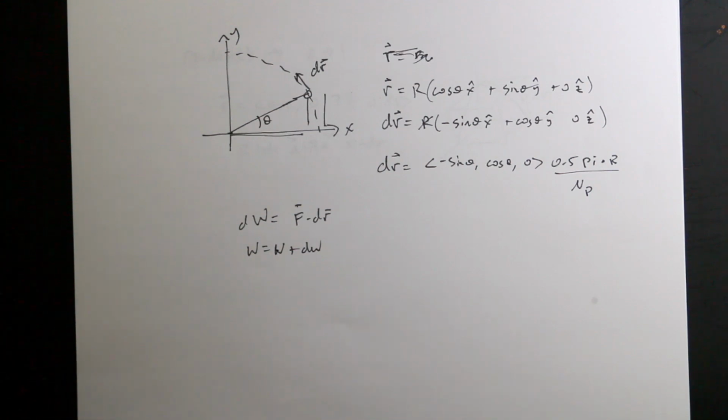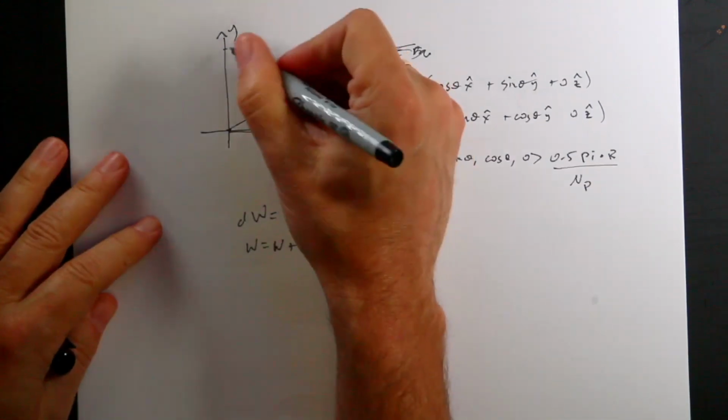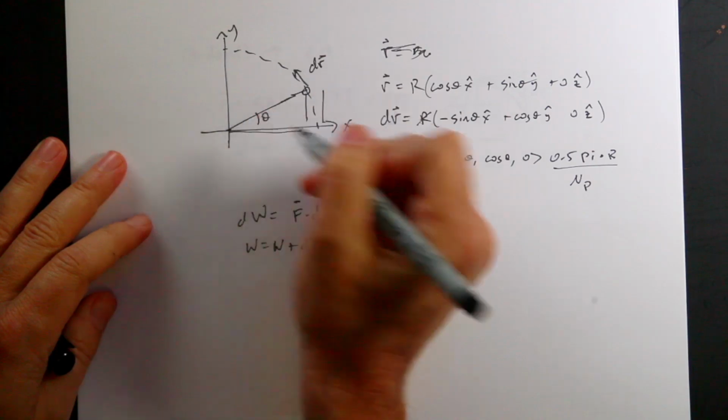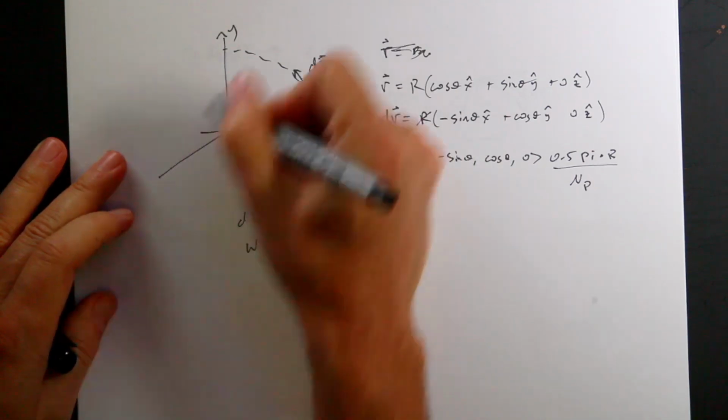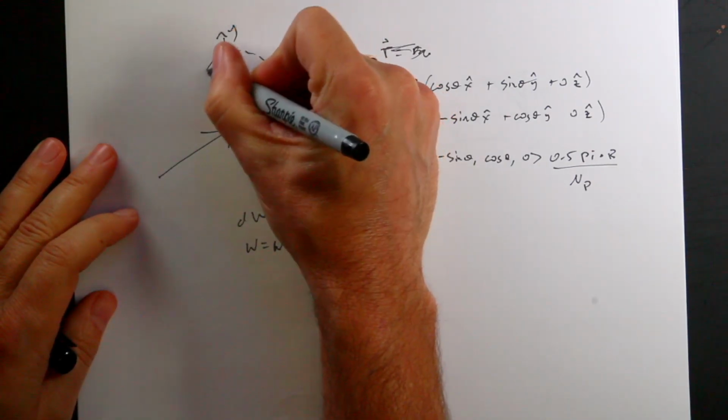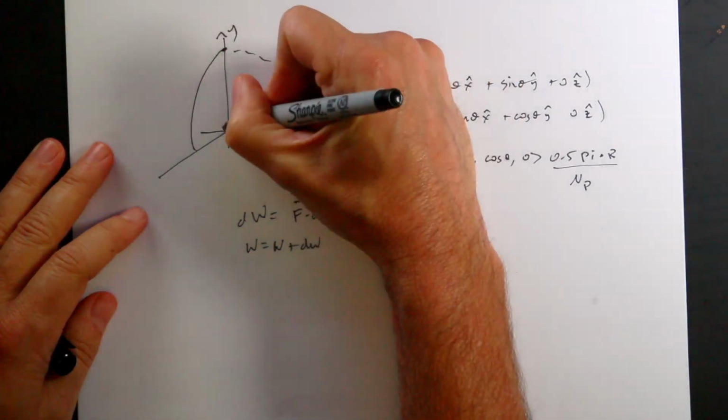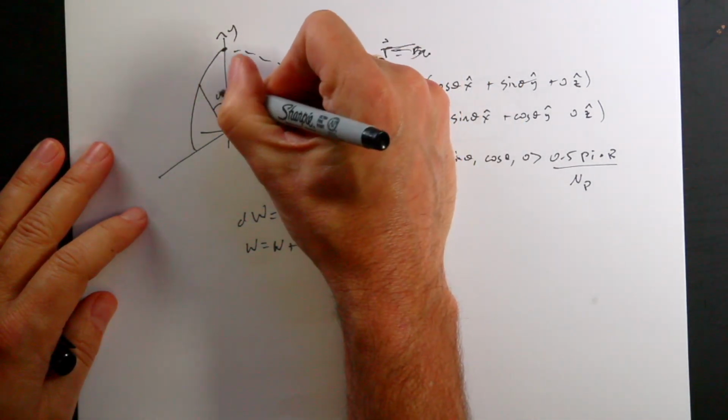And then how am I going to do that, what about this next move? So here's my next case. I'm going to go here. In this case, I want to start over and set theta equal to 0.